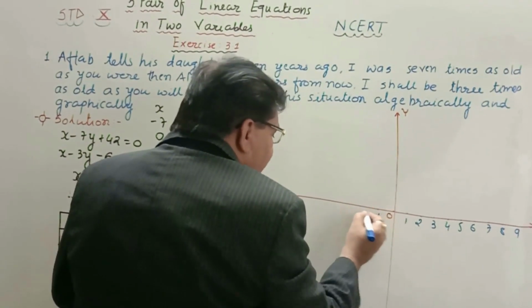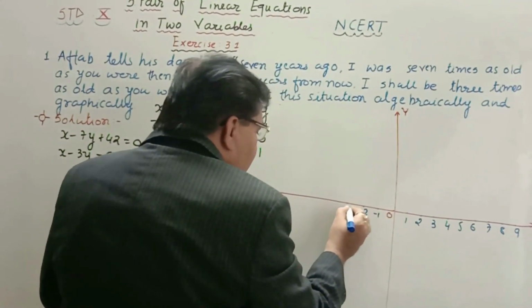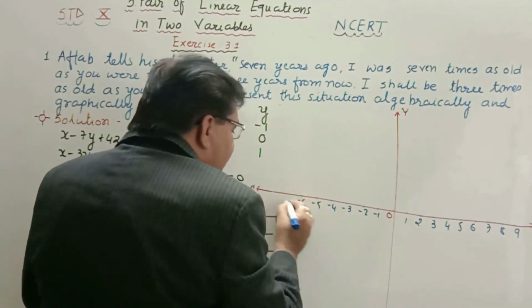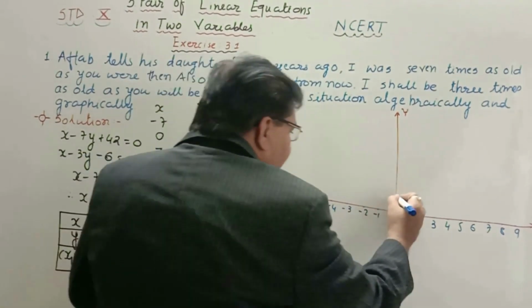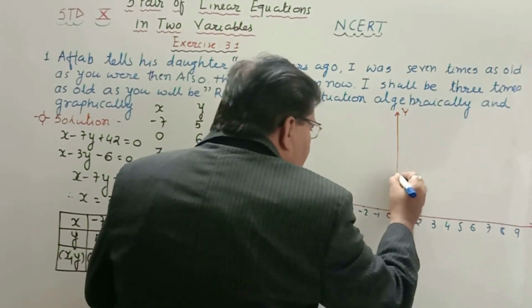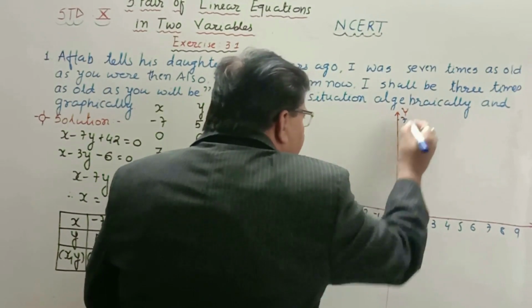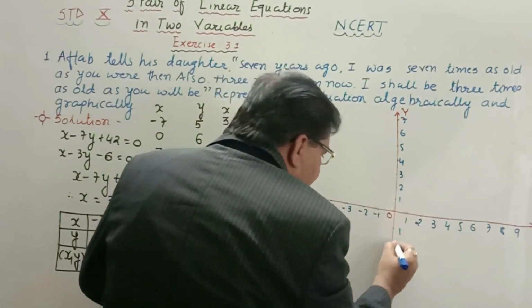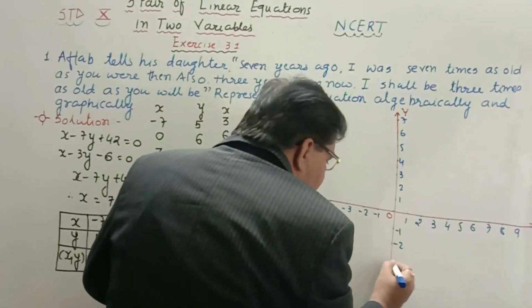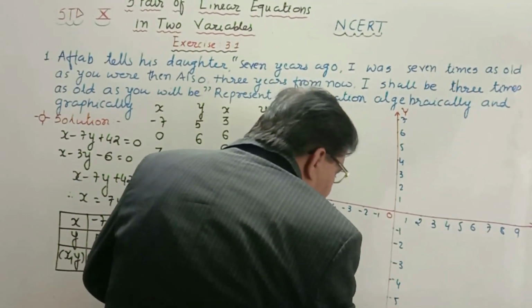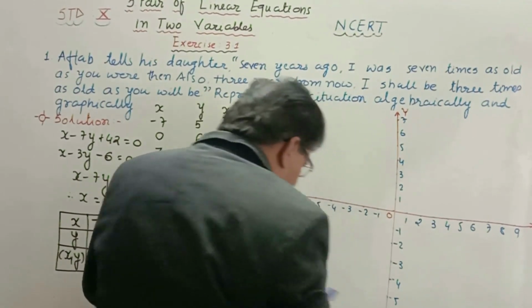Here we write -1, -2, -3, -4, -5, -6 and -7. Here 1, 2, 3, 4, 5, 6 and 7. Here we write -1, -2, -3, -4, -5, -6, -7.